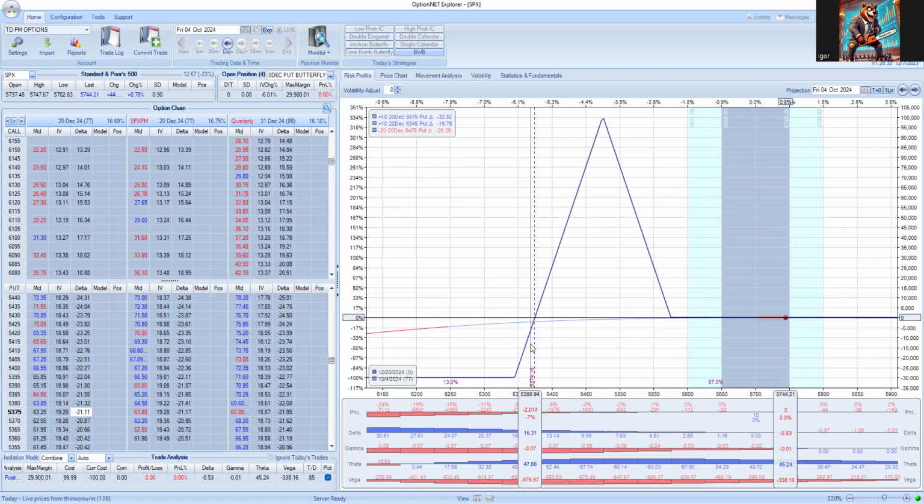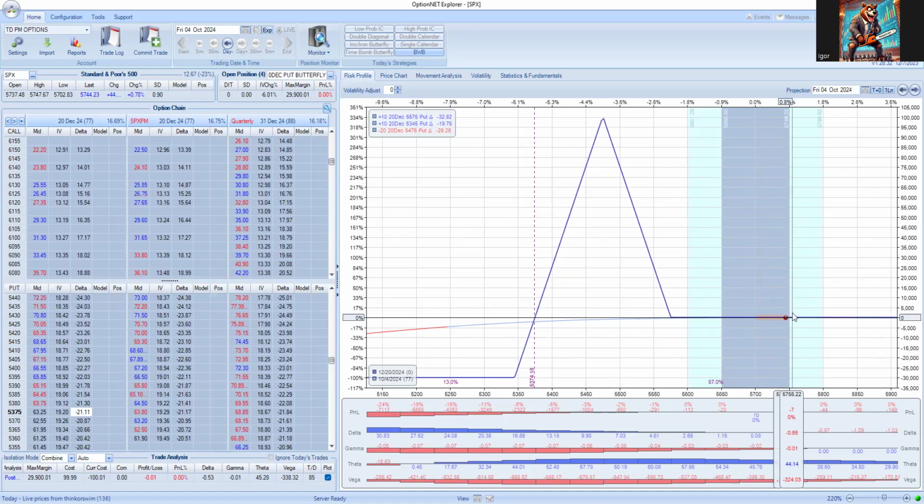But for right now, there's about an 80% probability that at expiration we're going to be somewhere above 53.75. So 80% probability that this trade makes money.